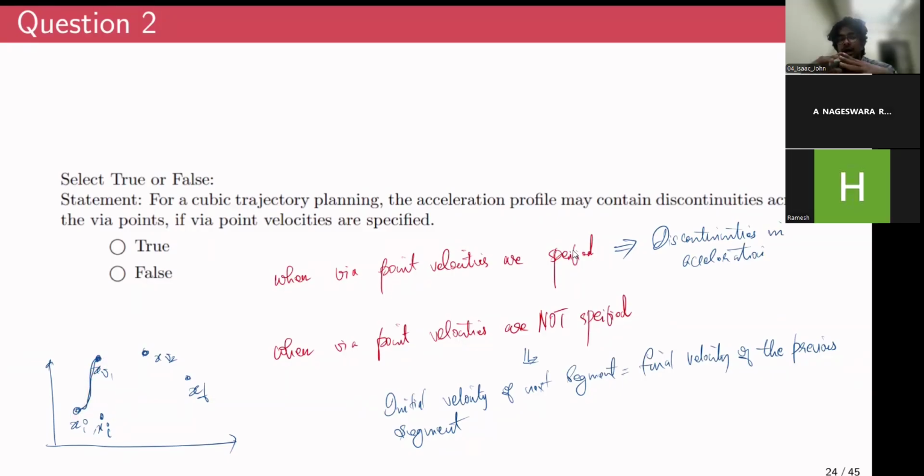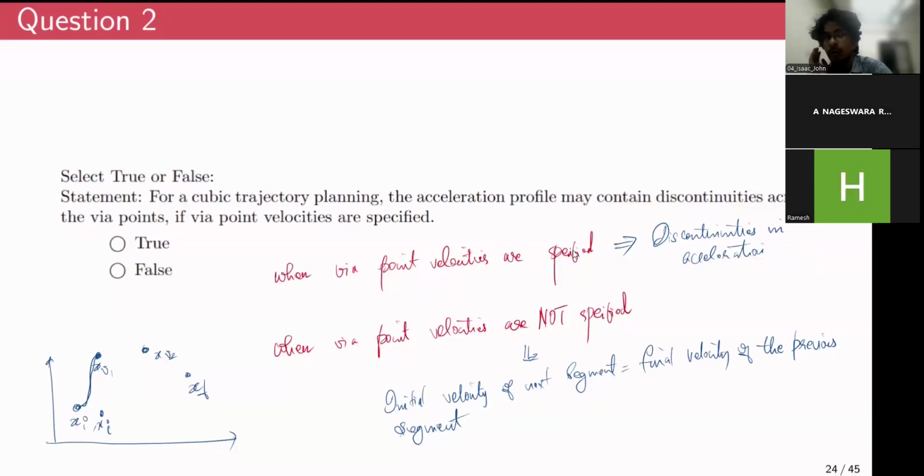Due to that additional constraint, we are trying to smoothen out the velocities. And if the velocities are always smoothened, acceleration would also be more likely to be smooth. But there, we are randomly specifying velocities however we want. So there can be discontinuities within the velocity itself, and it will get even worse in case of accelerations. So when via point velocities are specified, you are more likely to find discontinuities in acceleration.